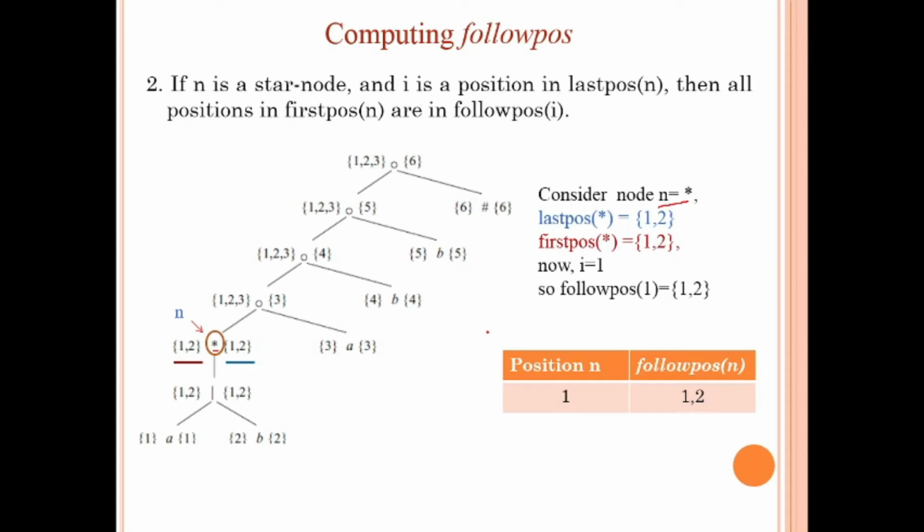To begin with, I is equal to 1. The rule says that if I is a position in the last position of n, then all positions in the first position of n are in the follow position of I. That means if I take I equal to 1, the follow position of 1 is equal to the first position of star, which is equal to 1 2. So I can write the follow position of 1 is equal to 1 2.